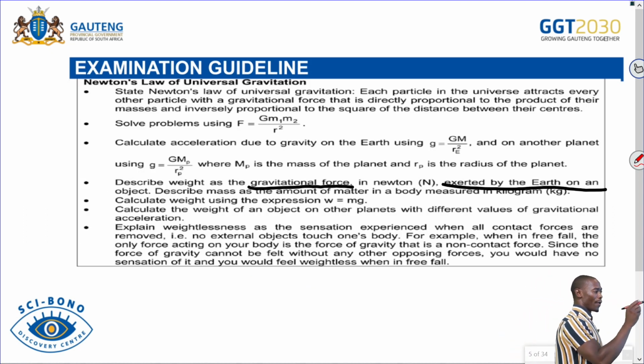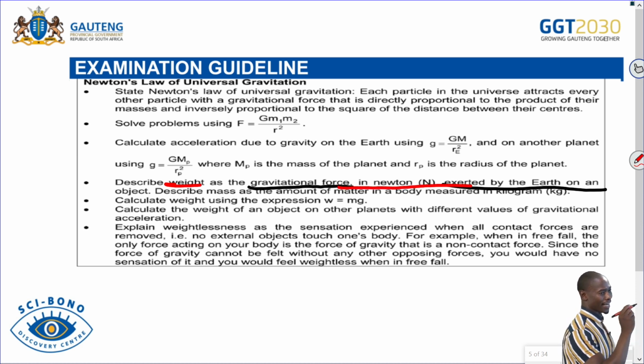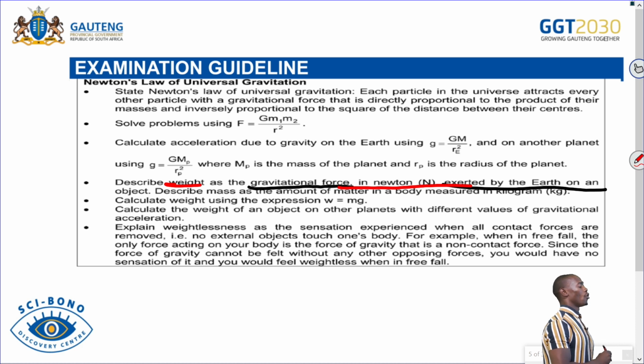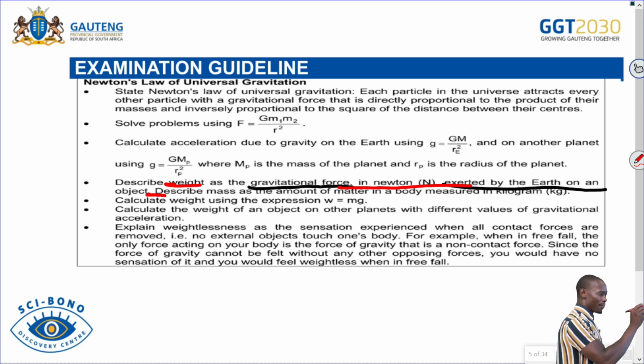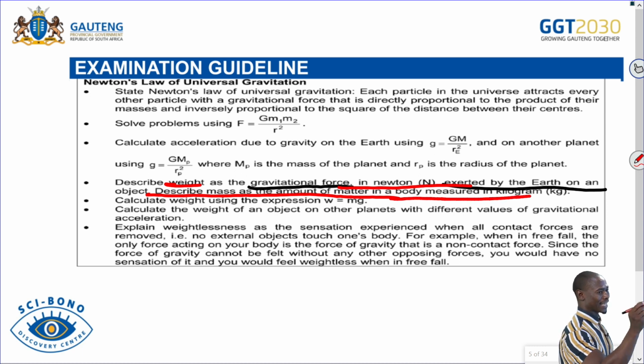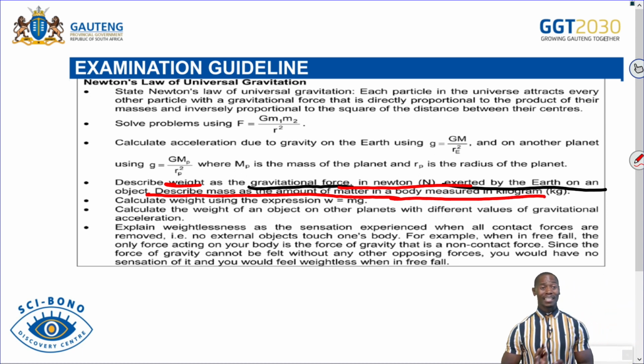So, describe weight as the gravitational force in newtons exerted by the Earth on an object. Describe mass as the amount of matter in a body measured in kilograms. So that is the difference between mass and weight.